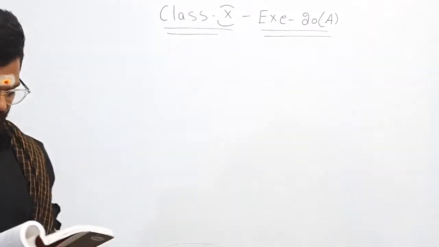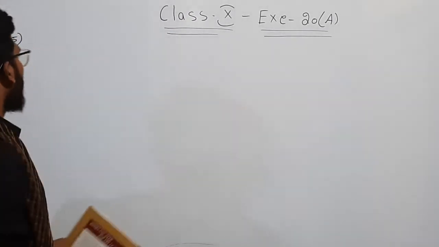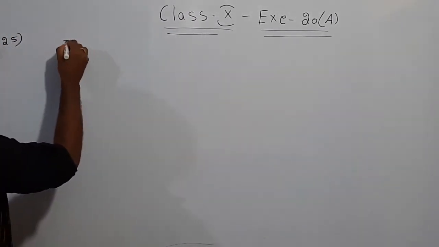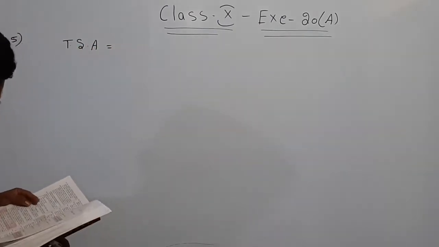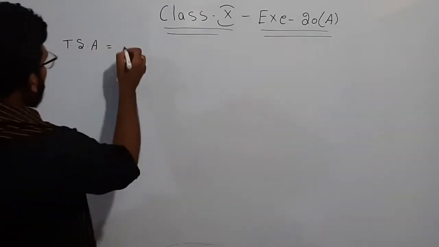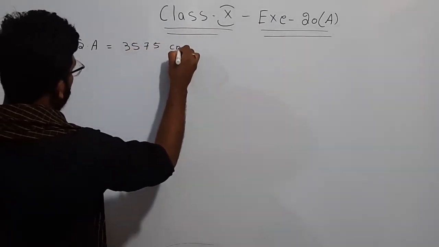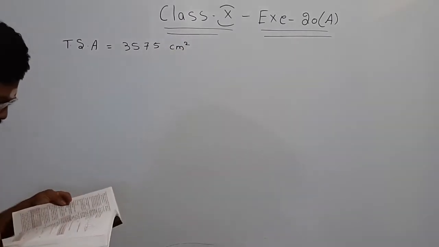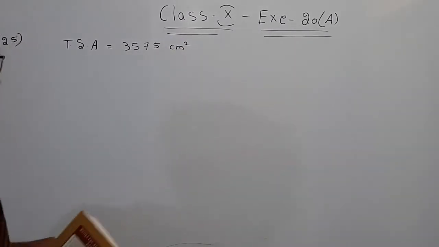See what they give? Total surface area of hollow cylinder, right? They are talking about hollow cylinder and they gave total surface area is 3575 centimeters square. Next, area of its base ring.